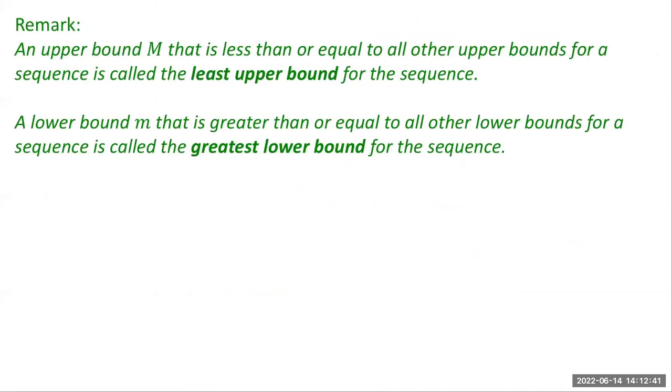This is the last thing that I wanted to talk about, to give the definition of a least upper bound and greatest lower bound. What do you mean by a least upper bound? By now you know what we mean by an upper bound, right? For example, take the sequence 1 over k, which we observed in a previous example.